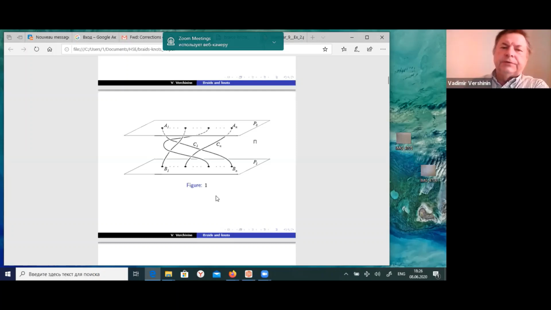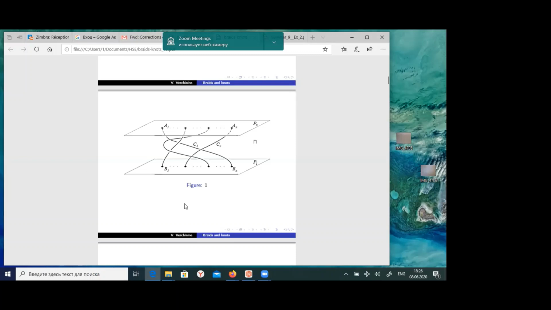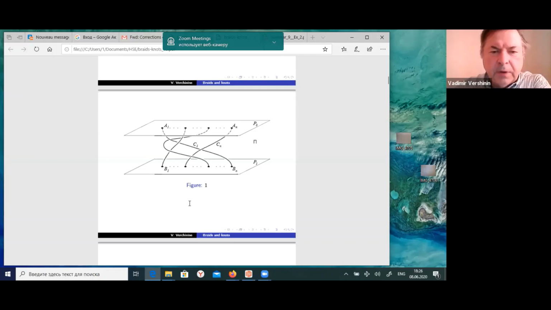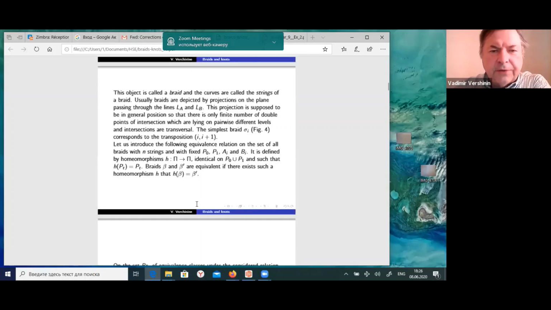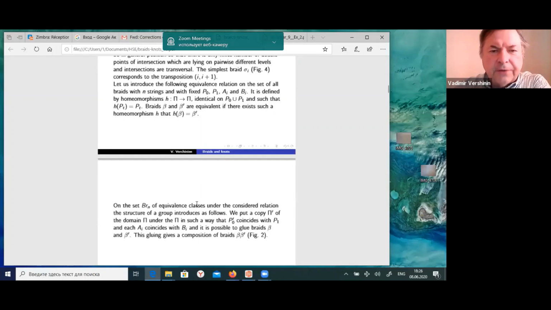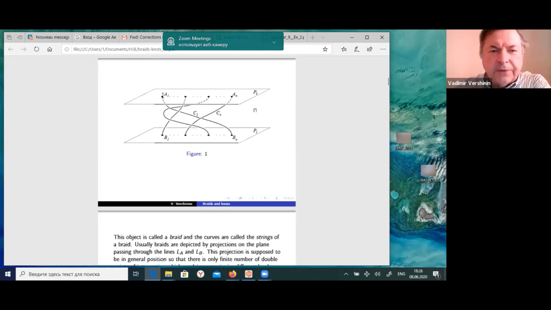So this is a trivial picture. See, this is the monotonicity. And yes, this is another thing. If you have the strands, consider the corresponding number, this will be the permutation.